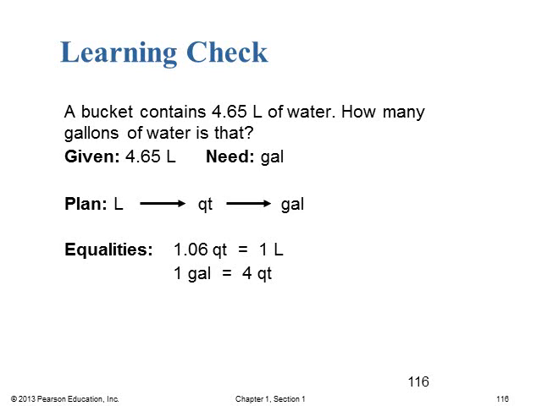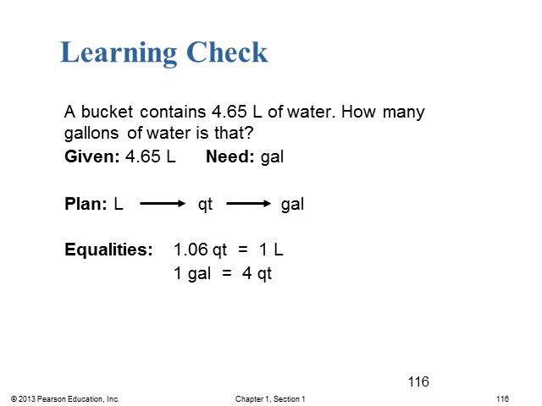Here, a bucket contains 4.65 liters of water. How many gallons of water is that? We're given the liters. We need to get to gallons. If you don't have the quick conversion from liters to gallons, then you have to use the middleman of quarts.